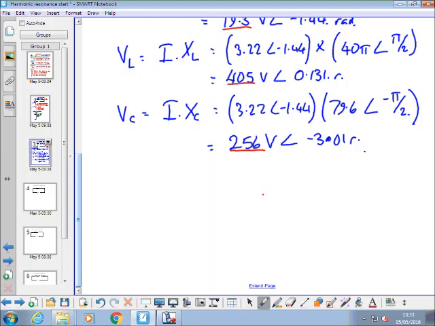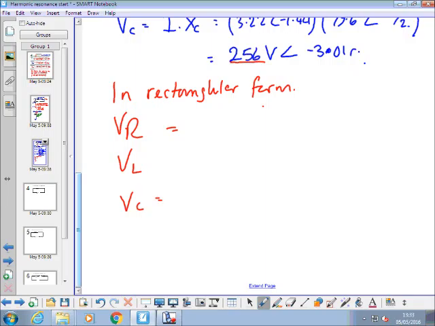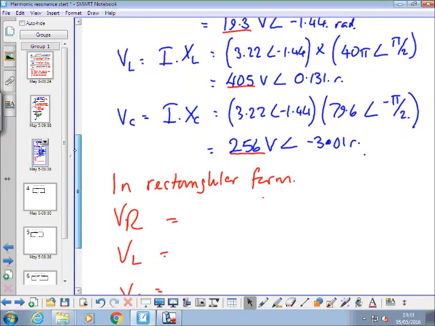Convert them all back to rectangular form, so VR equals, VL equals, VC equals, and then add them together, and you should find that you get 150 volts with no angle.